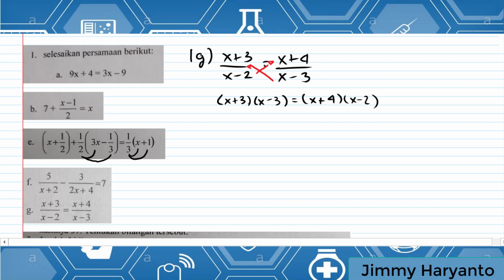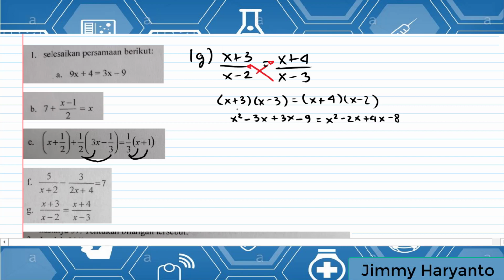There you go. And then I multiply x times x, x square, x times negative 3, negative 3x, 3 times x, plus 3x, 3 times negative 3, minus 9, equals x square minus 2x plus 4x minus 8.